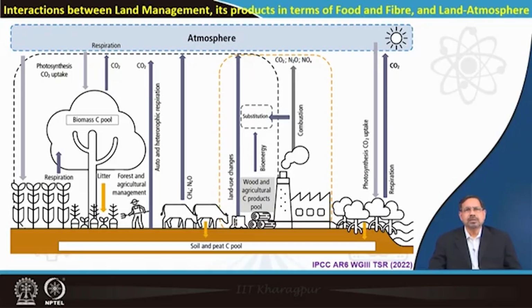If we look at this diagram, on the top or the upper side you have atmosphere, and at the bottom you have the soil, peat and carbon pool, that means our soil sphere or lithosphere, and then in between we are talking about the biosphere, where lot of interactions happens in terms of emission and carbon emission.